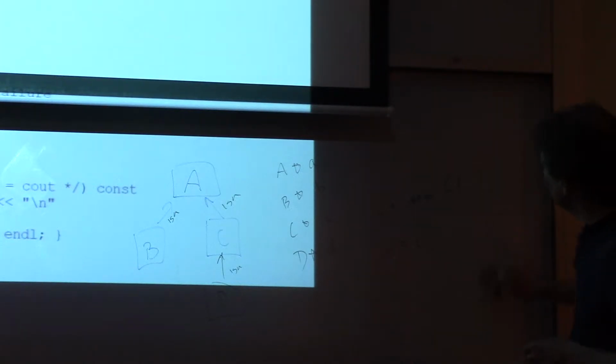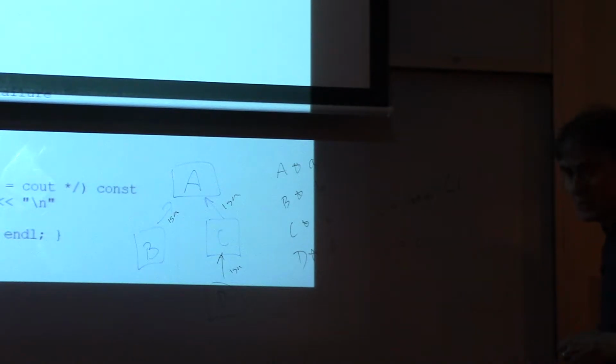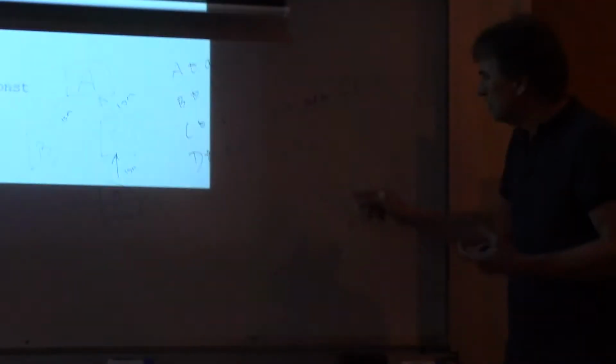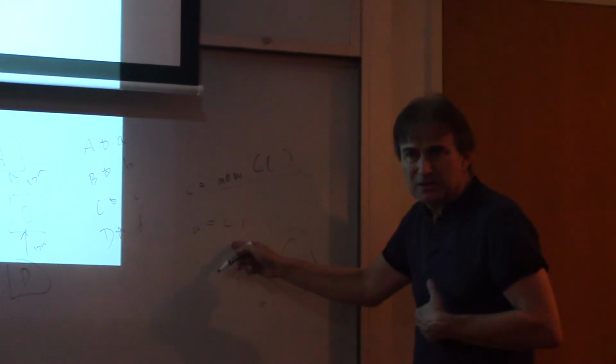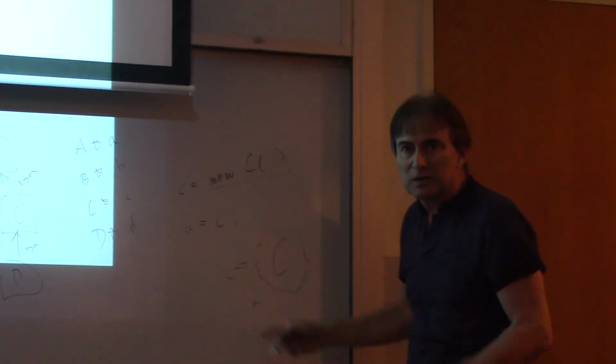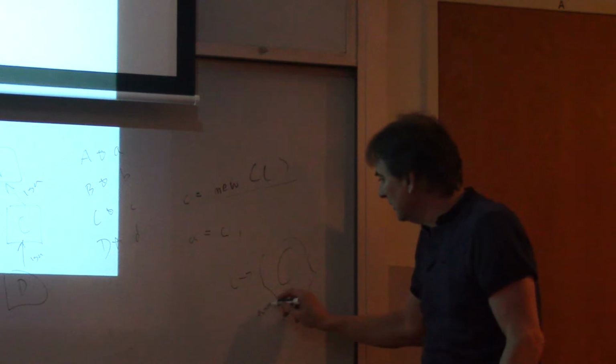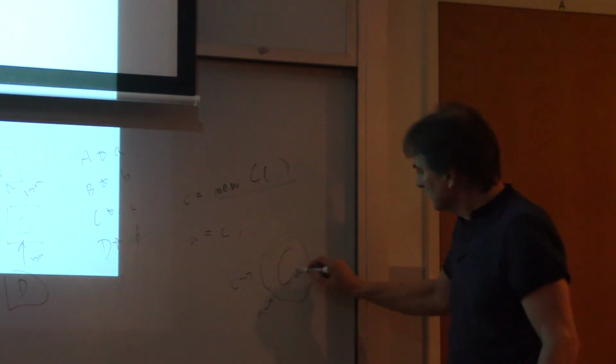I'll make the objects look like this. So this is a C object, and I'm pointing it to C. Now I'm saying A is equal to C, which means I'm assigning the address of the C object into A.